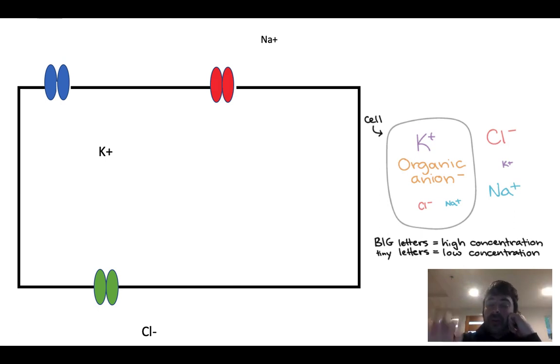Now, if potassium channels open, in which direction is potassium going to move, assuming that the sodium-potassium pump is working and that the concentration of potassium is higher inside the cell than outside the cell? Well, potassium is going to move from the inside of the cell to the outside of the cell. And what does potassium carry, a negative or a positive charge? Well, it carries a positive charge, so positively charged ions leaving the cell is going to decrease the charge in the cell because there's going to be more of those fixed negatively charged ions. So when potassium leaves the cell, the cell is going to become more negative.